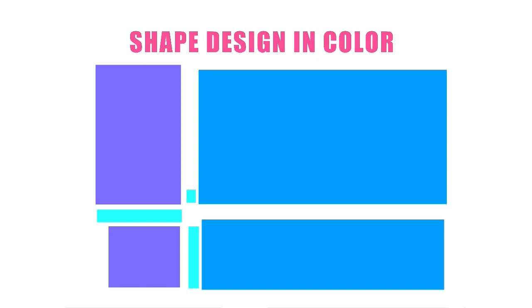As you can see in this photo, there is a big blue, purple and cyan color, which is looking really aesthetic and very good, because it has its own shapes and is holding very well.